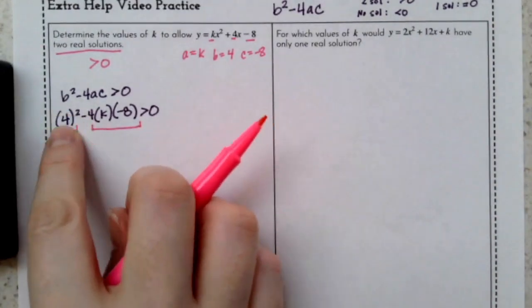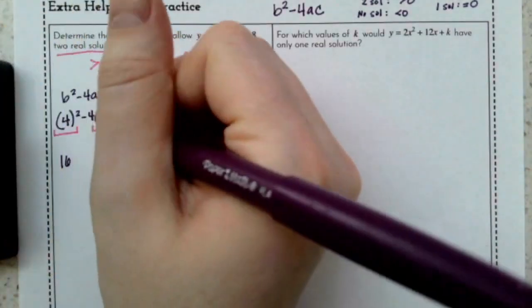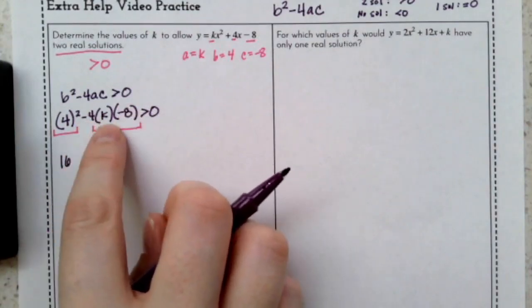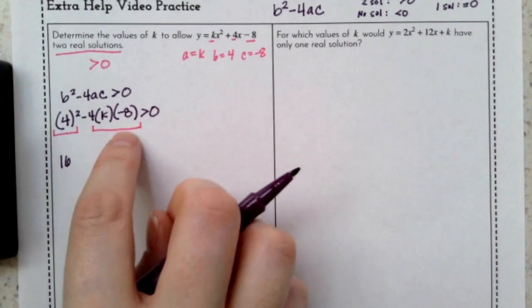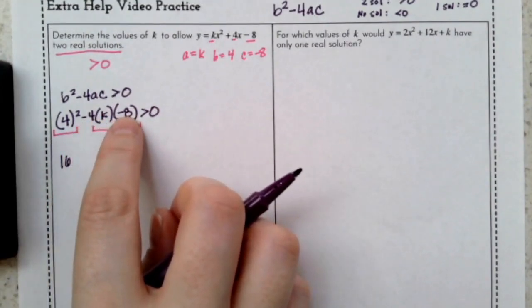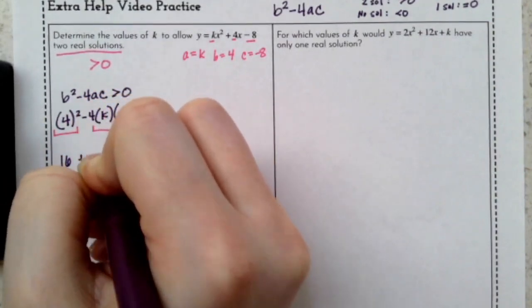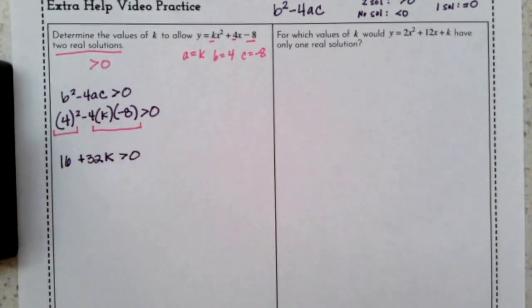So 4 squared gives me 16. And then here, even though these are separated by k, all of these three are being multiplied, so I can reorder this however I want. So I can do negative 4 times negative 8 to give a positive 32, and then have k at the end is greater than 0.